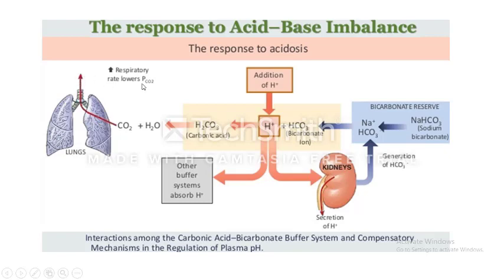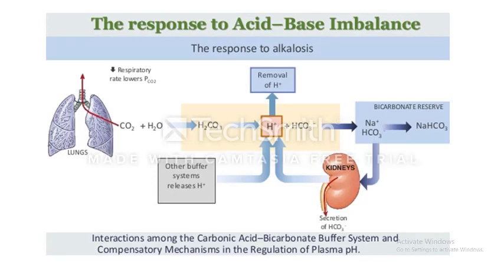That basically lowers the carbon dioxide concentration. The kidney also secretes hydrogen ions through urine, so both work together and decrease the hydrogen ion concentration that had increased and caused the acidosis.